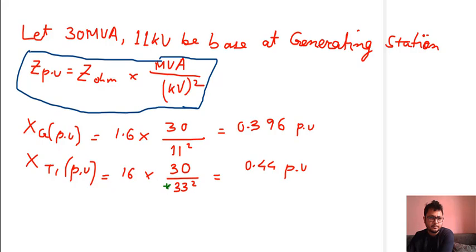Next, XT2. Now XT2 in terms of per unit, what will we get?